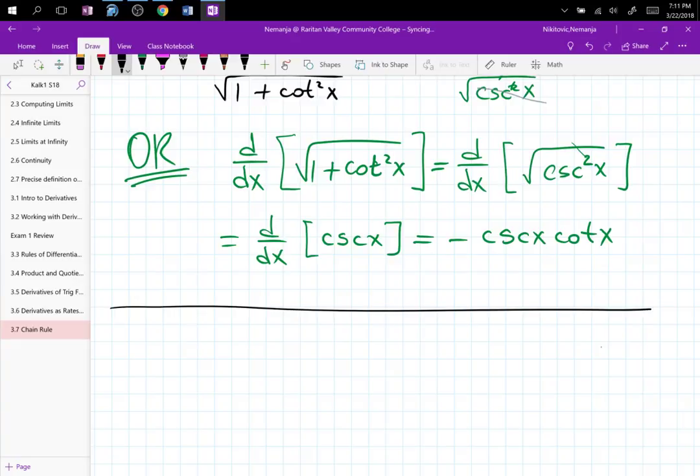What other techniques do we know for taking the derivative? Anyone? Which one? Say it.